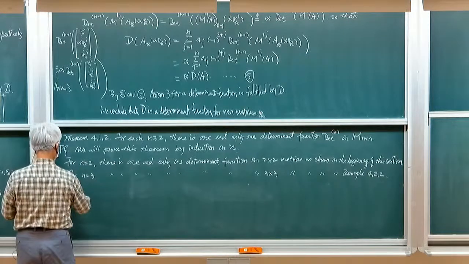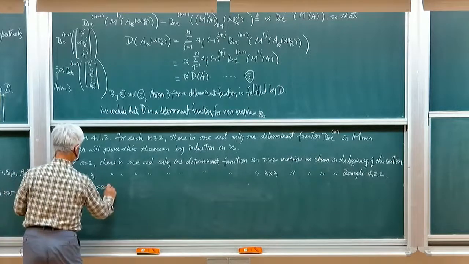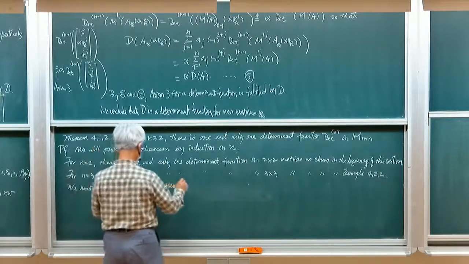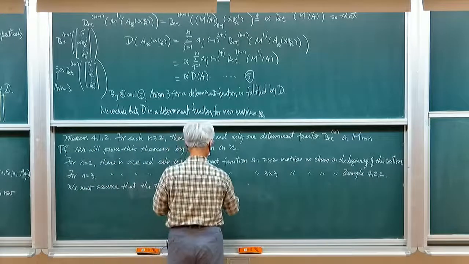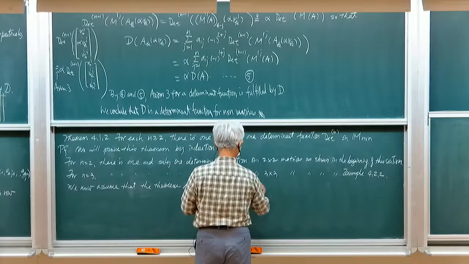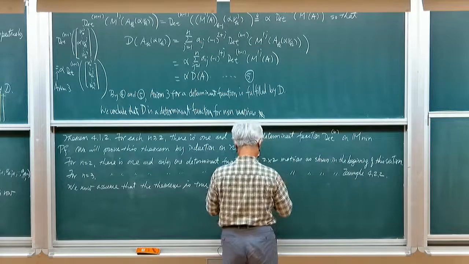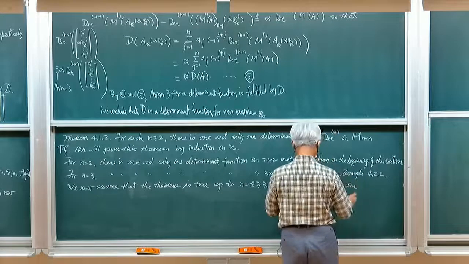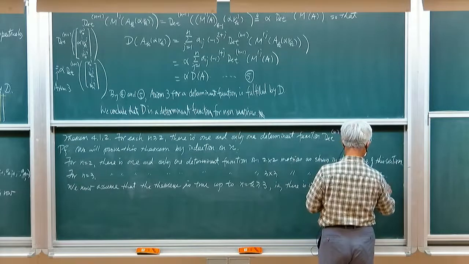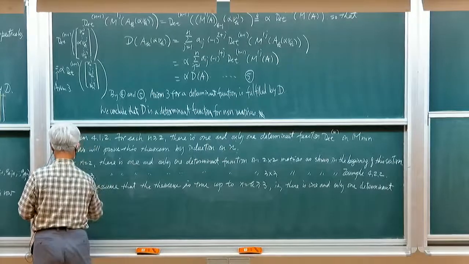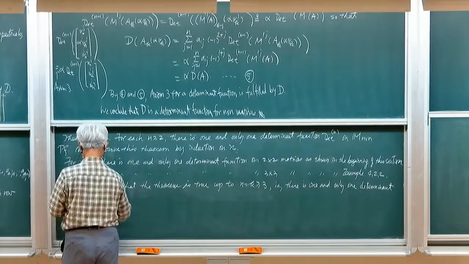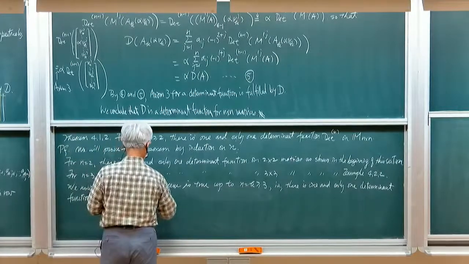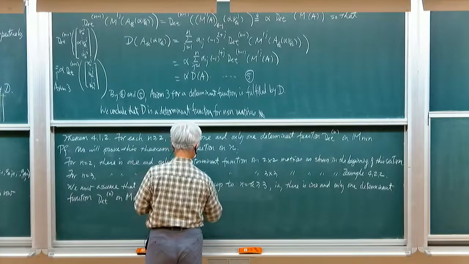So now we assume that the theorem is true up to n equal to k, which is greater than or equal to 3, i.e., there is one and only one determinant function det n on all n by n matrices for each n from 2, 3 up to k.